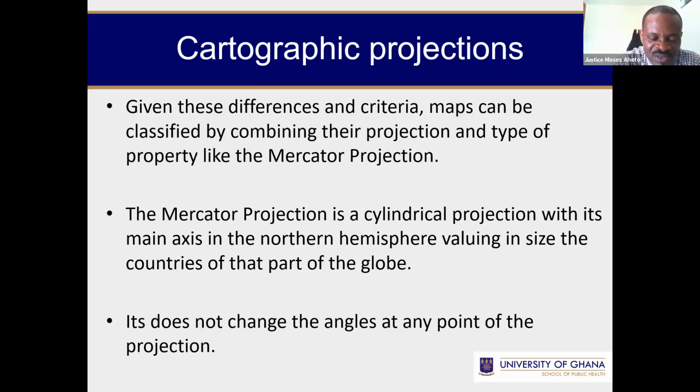If I say distort, I mean a projection should not move a country identified as Ghana to another location identified as Nigeria. Even if you do the projection, Ghana must remain where Ghana is.